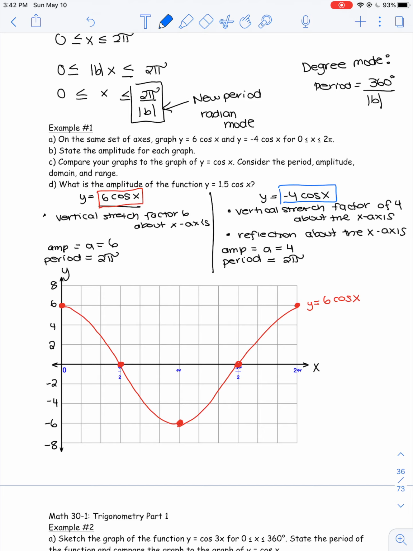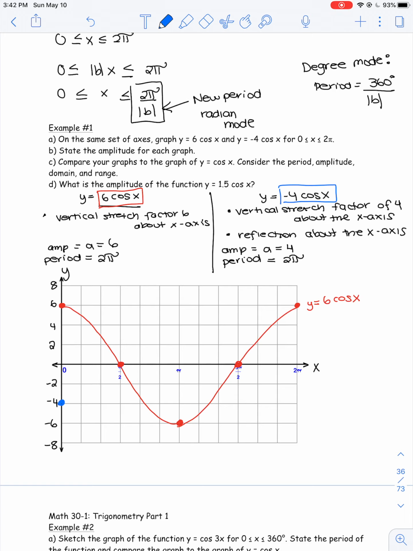So I'm going to graph in my calculator -4 cos of x. Again, I can find the y-intercept by going trace 0, enter, and I get that -4 is going to be my starting value. So at -4, because there's a reflection, now instead of it being a maximum, it's now a minimum.